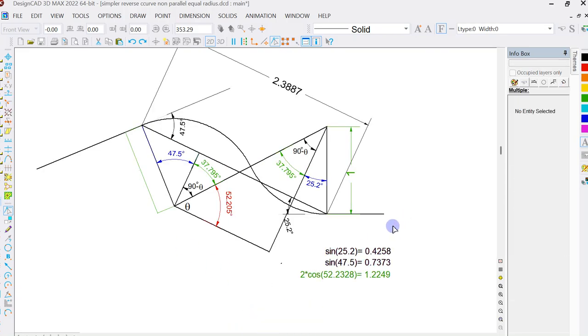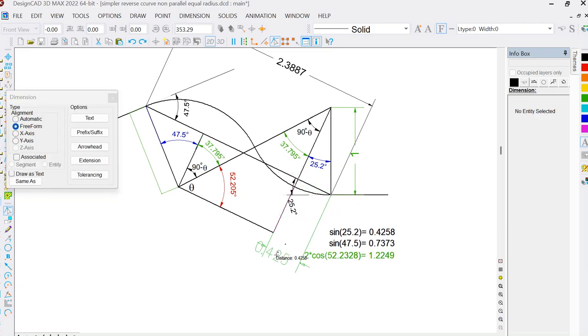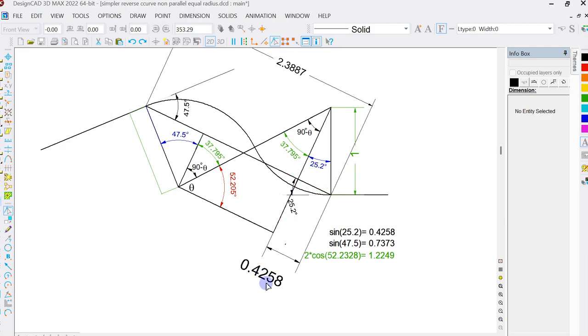You're getting the sine of that 25.2, and you make the diagonal of that 1. If you type in your calculator the sine of 25.2, let's just do that, show you the tools with no length.